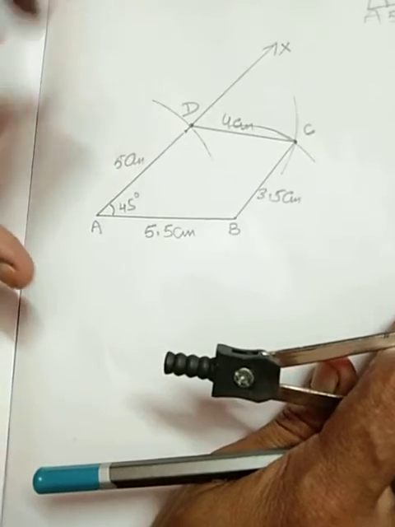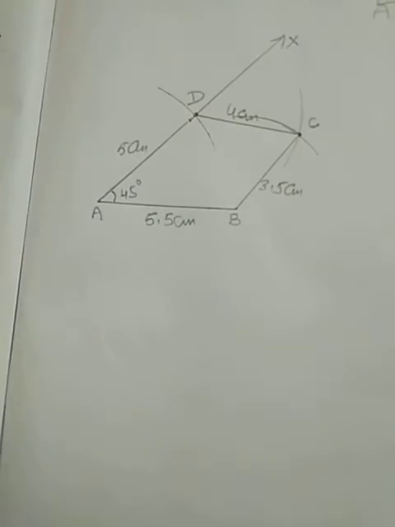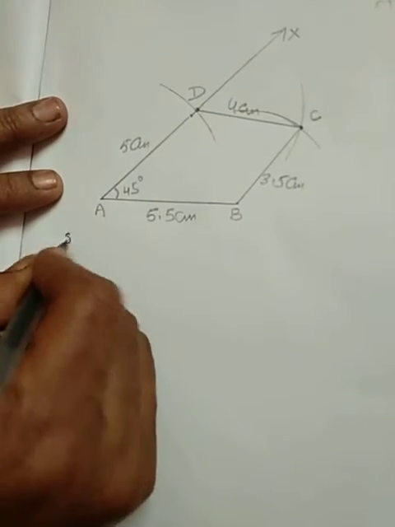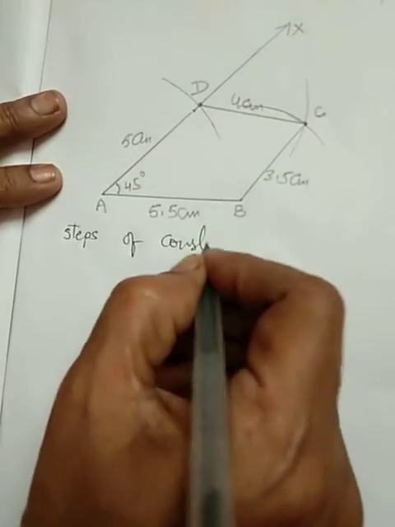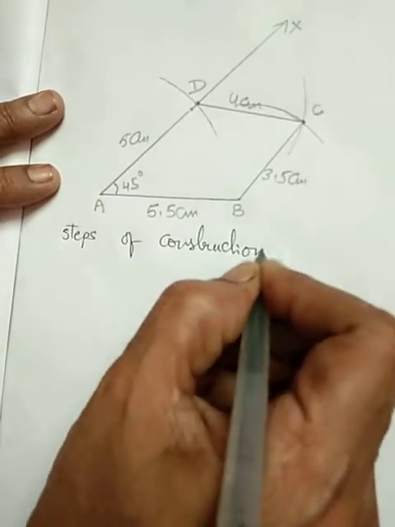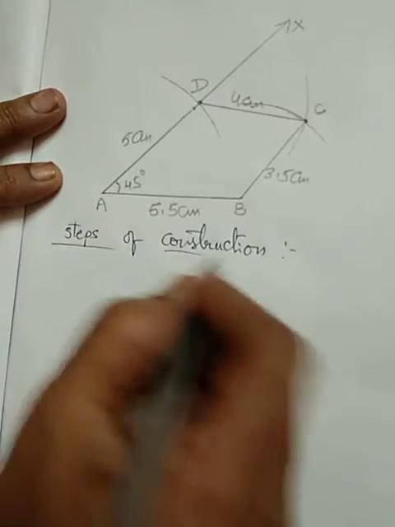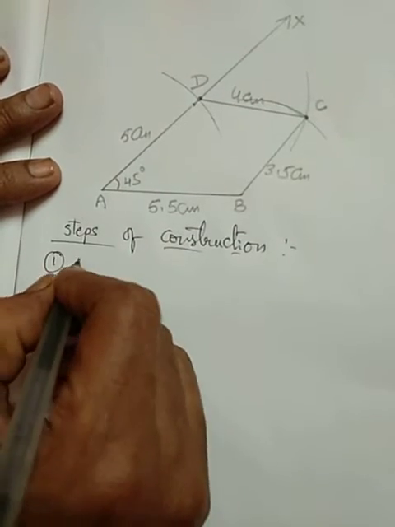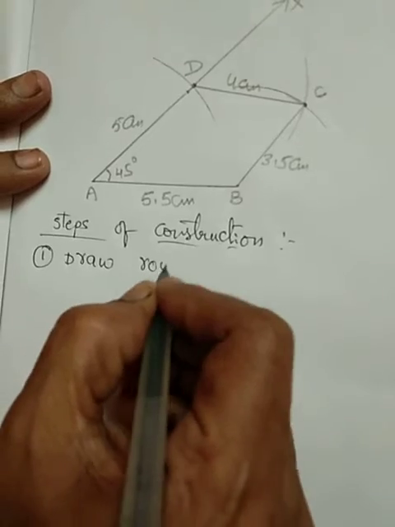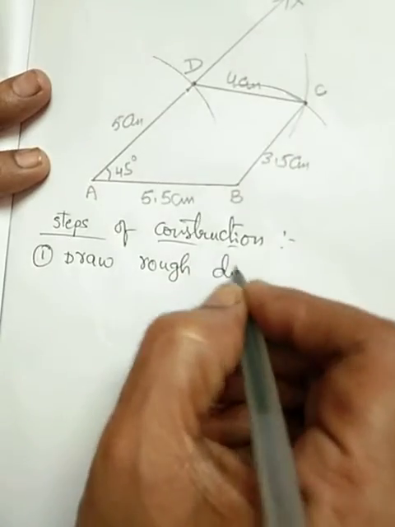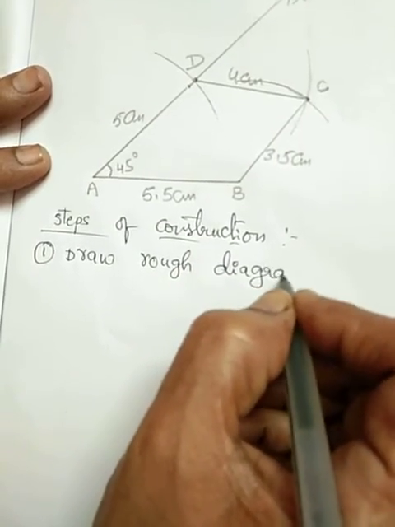Our next part is the steps of construction. What is our first step? Draw a rough diagram with the given measurements.